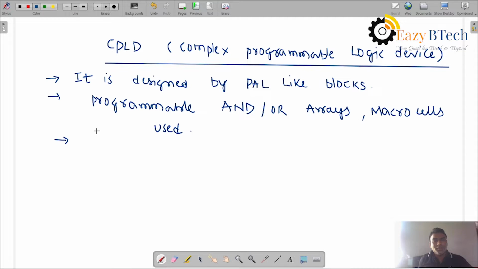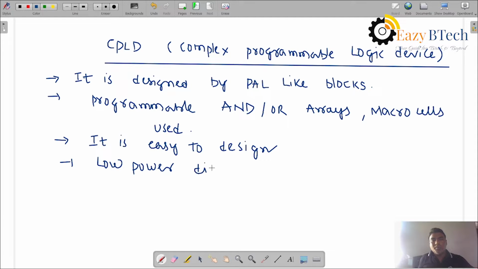It is easy to design. It has low power consumption, low power dissipation, and low cost design than FPGA.